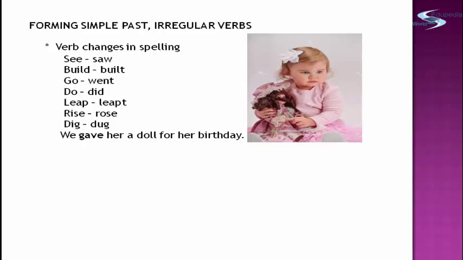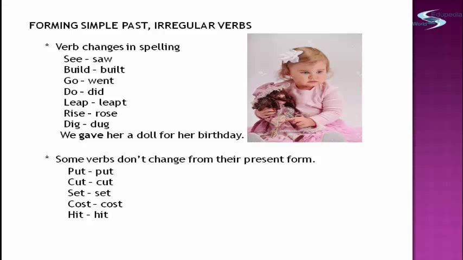The pattern is subject plus verb in the irregular form. The next is sometimes the verbs don't change from their present form. So we have, for example, put, cut, set, coast, hit.